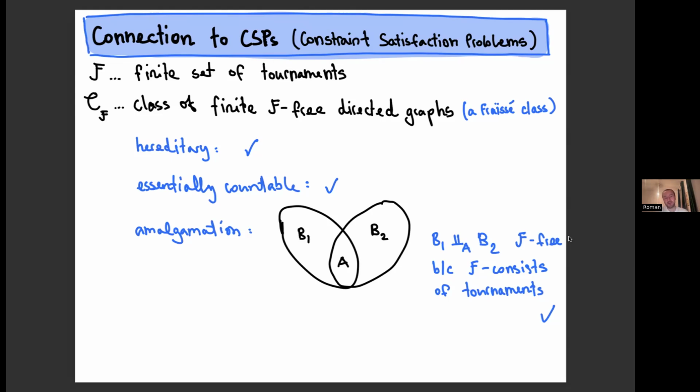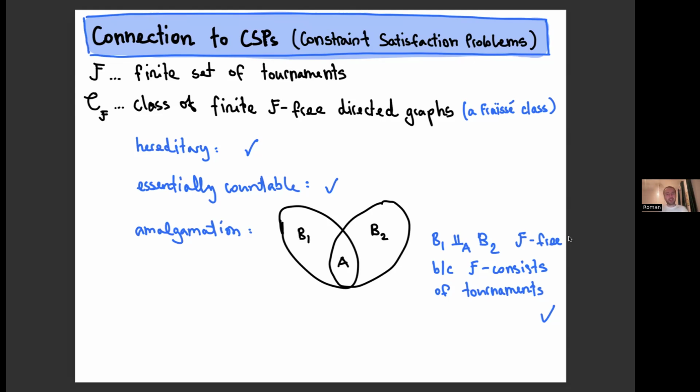Why is that? Well, obviously, if you have an F-free directed graph and you look at a subgraph, this will again be F-free. Also, this is essentially countable because there are just finitely many directed graphs on n vertices up to isomorphism. So essential countability is for free here.